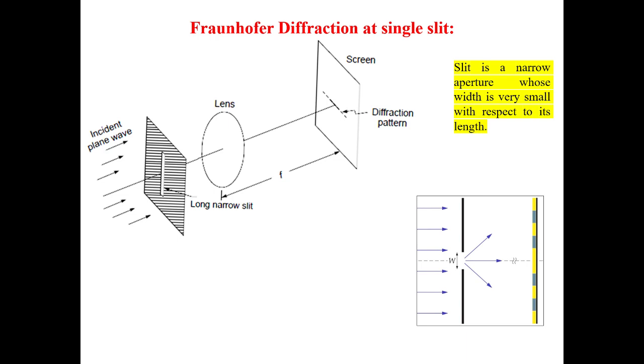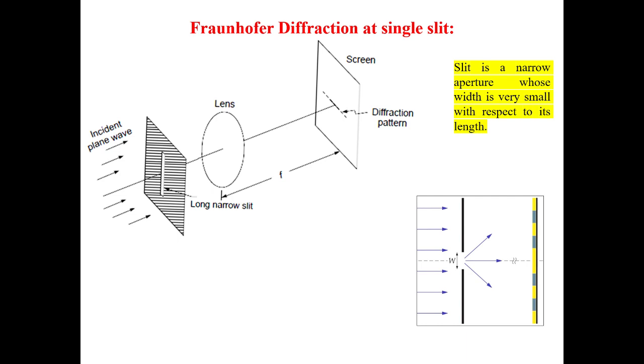So a wavefront which is plane hits the slit here, and to get a diffraction pattern on the screen we use a lens of very long focal length. The lens is very close to the slit and the focal length of the lens is very large.